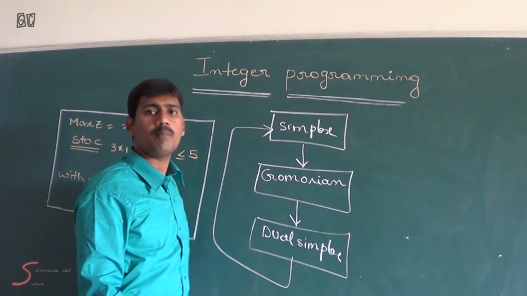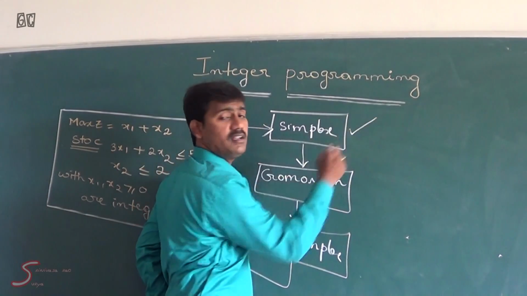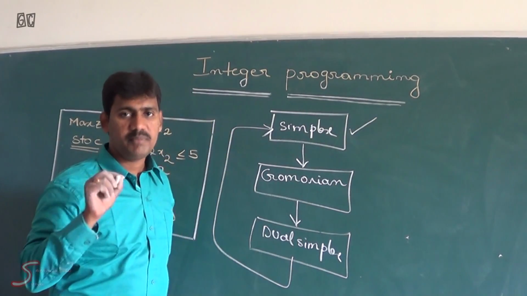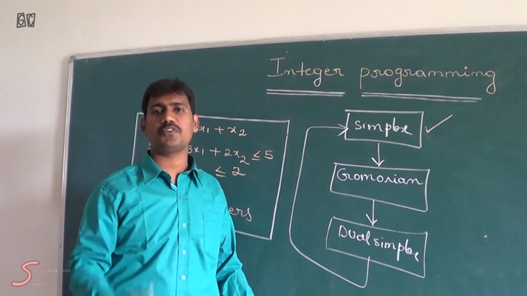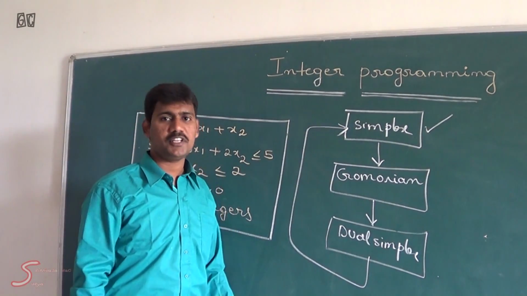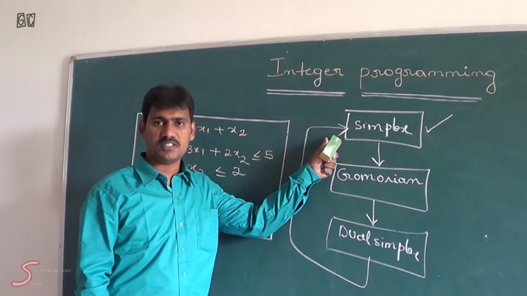So first, I am going to apply the simplex method for the given LPP. In the previous classes, I discussed the simplex method. Again, I am going to teach you the simplex method once more.